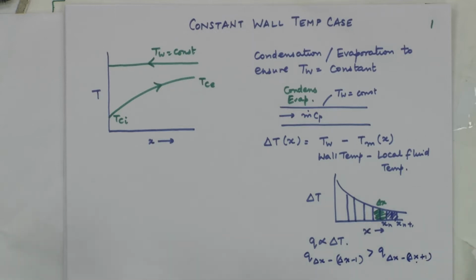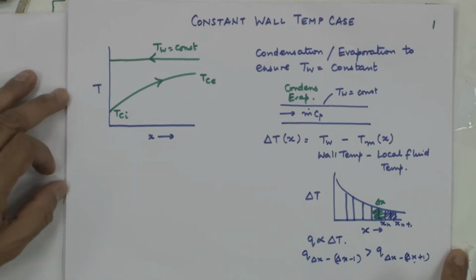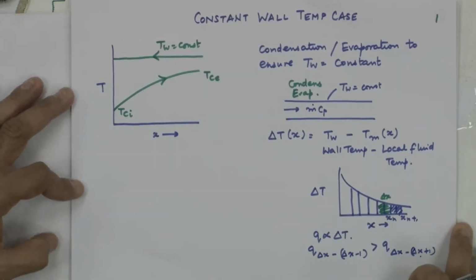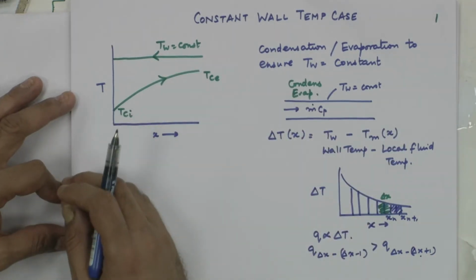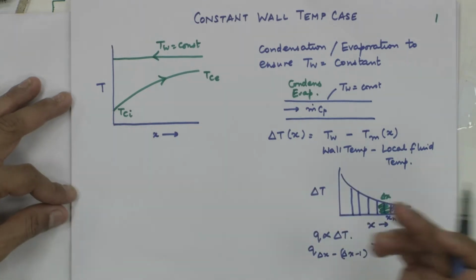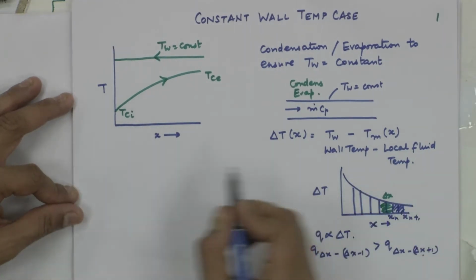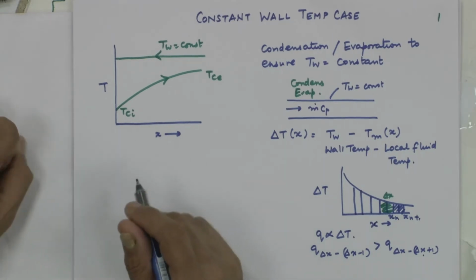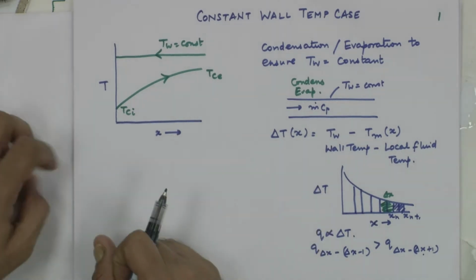Each additional incremental length causes a reduction from the previous incremental length in terms of the heat transfer. So, many times having a length tending towards infinity, or an extremely long device or heat exchanger, is not going to be very profitable from the point of view of improving the performance greatly. We will see that in a few minutes.